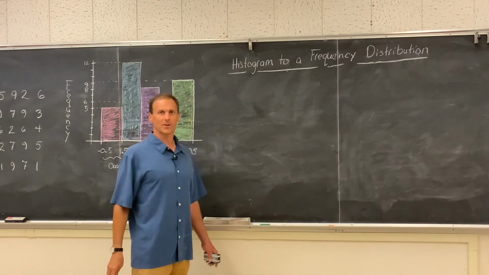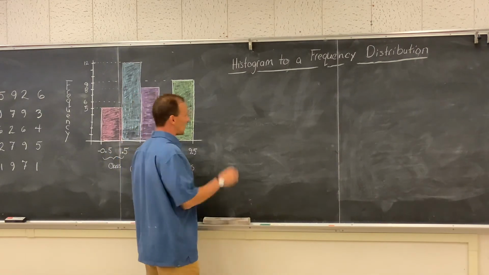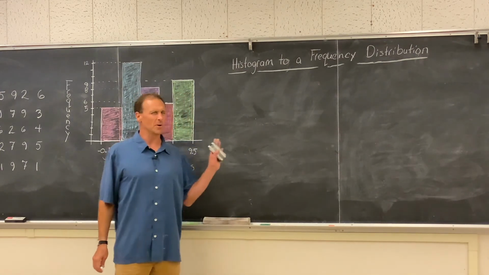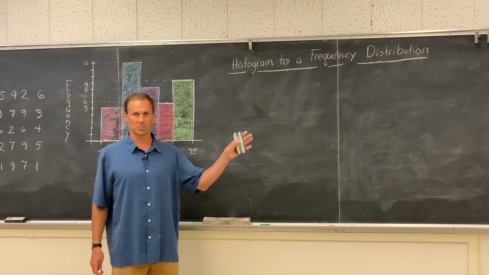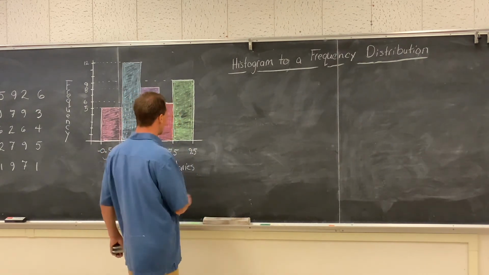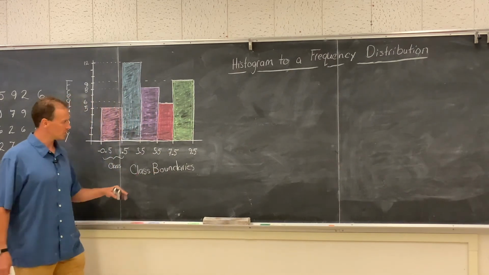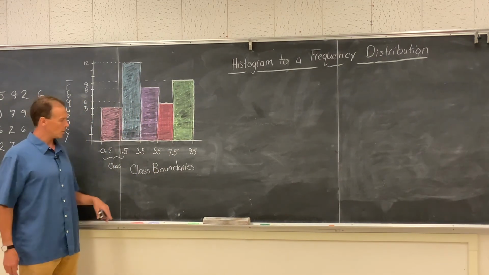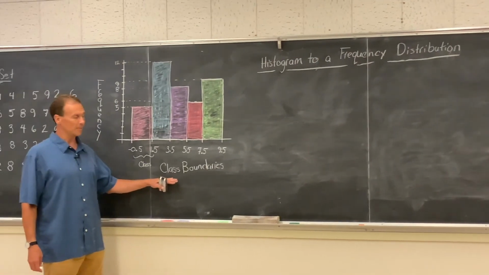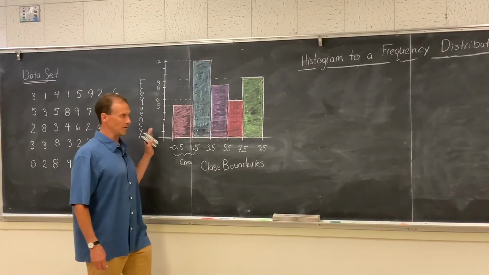So here's what our frequency distribution looks like. We're going to start out with the most basic one, and then we're going to add a few columns, and I'll explain those as we go. If we just make one directly from our histogram, we're going to have two columns: a column for our class boundaries, and a column for frequency.